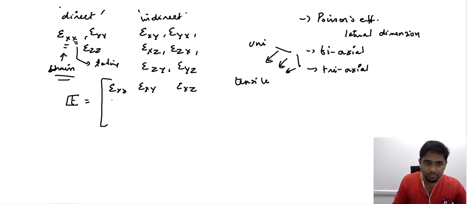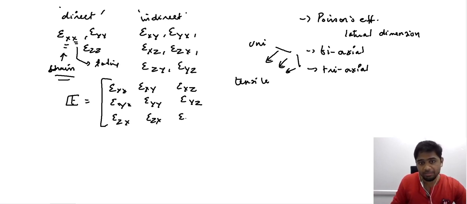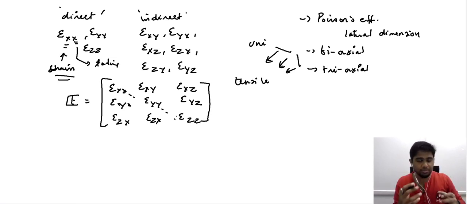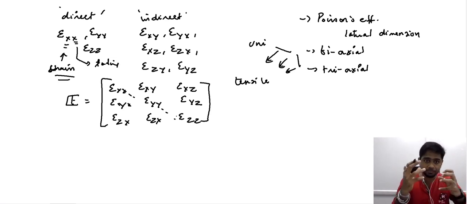So it is possible for us to represent this response in this manner, where we are able to encompass all the 9 components of the response offered by the material under triaxial tensile loading. So along the diagonal we have the direct responses, and the non-diagonal elements form the indirect responses.